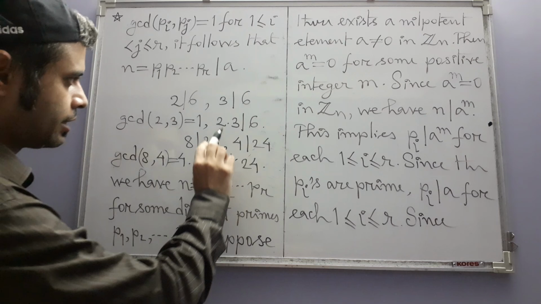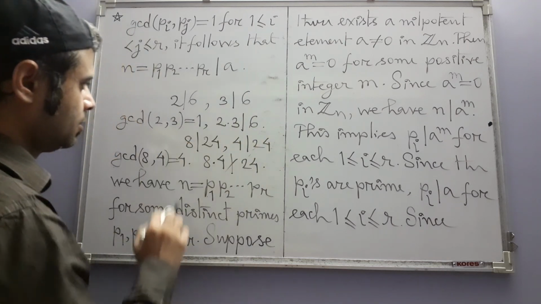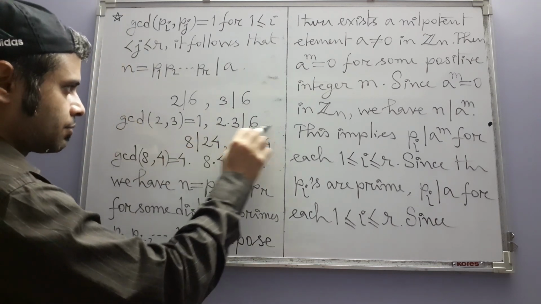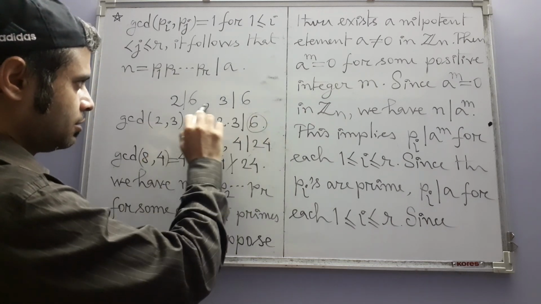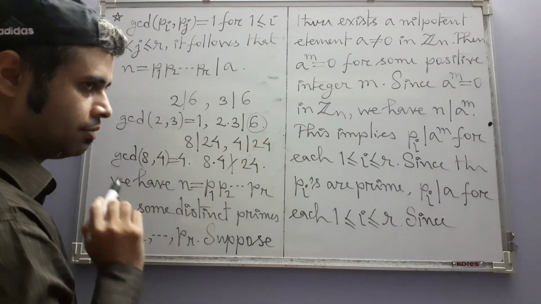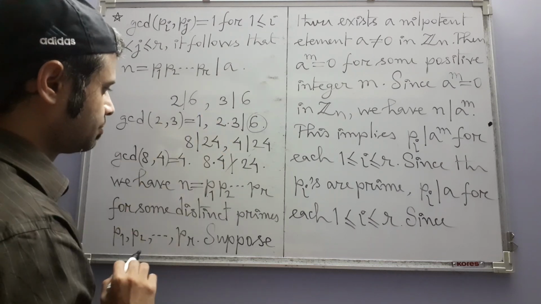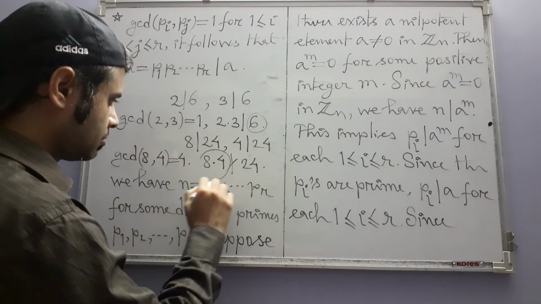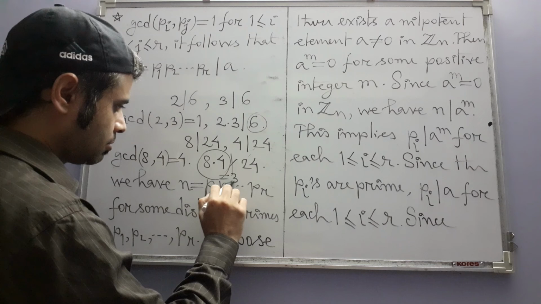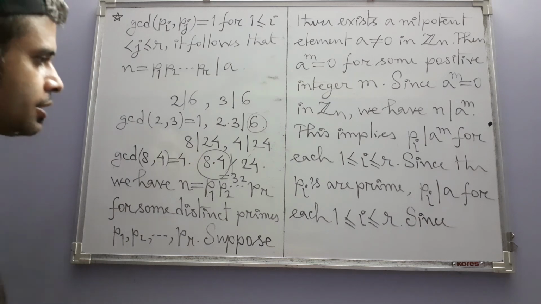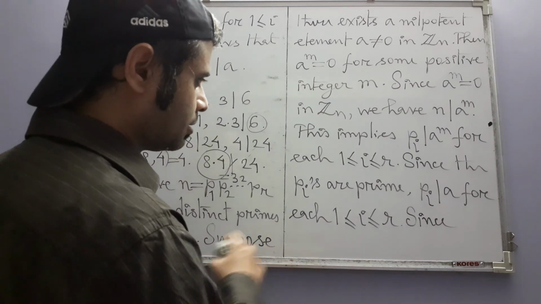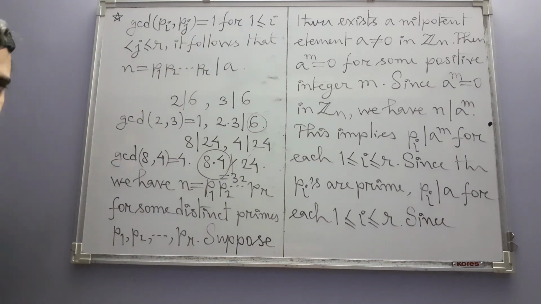If the GCD is 1, then of course the product will divide the thing that is already being divided individually by these divisors. Okay, so you know what we have done here, not just with 2 primes, but with an arbitrary r number of primes.